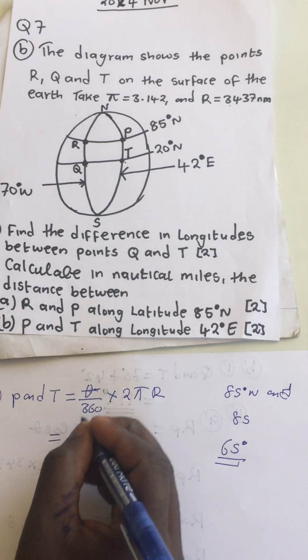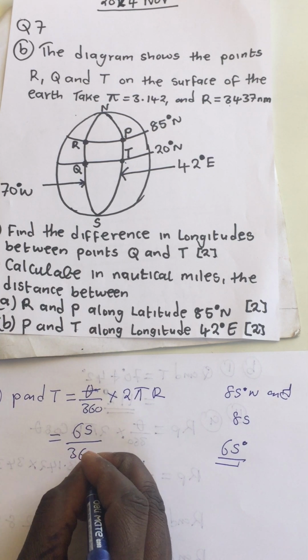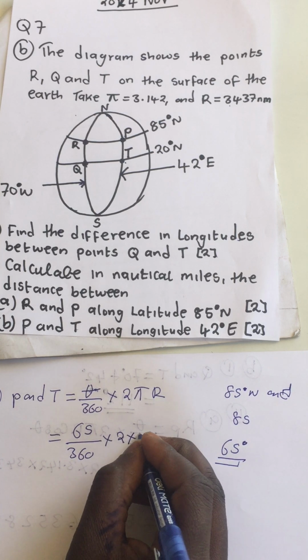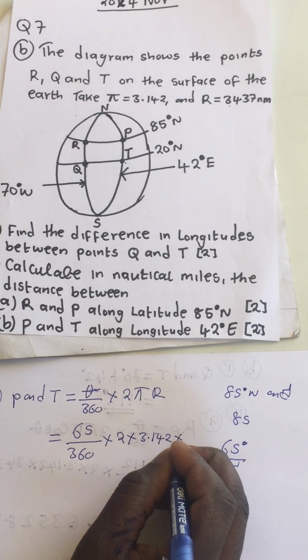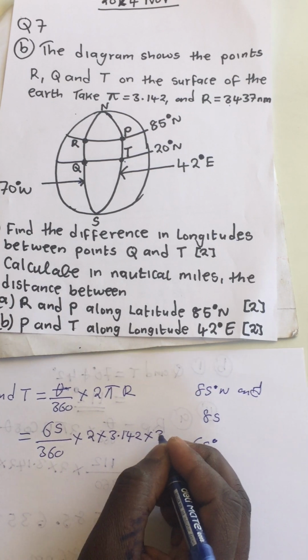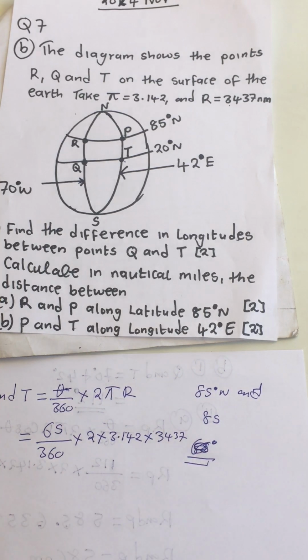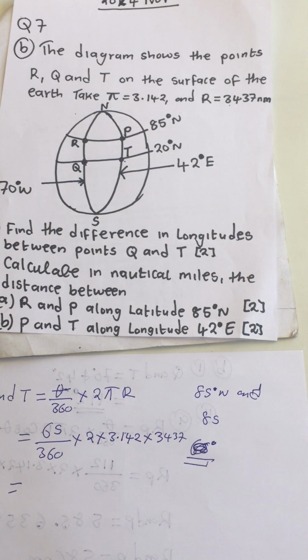So you say theta is 65 over 360 times 2 times pi, which is 3.142, times radius 37. So cos is not there. What do you get when you punch on your calculator?